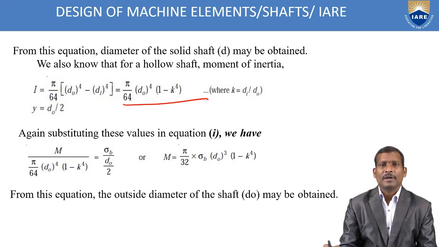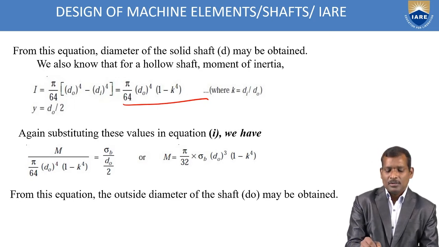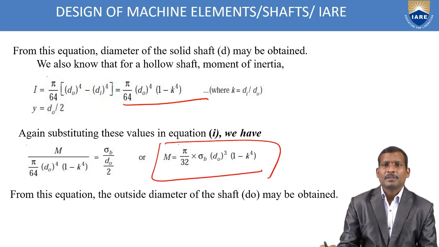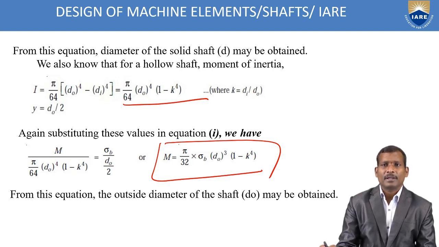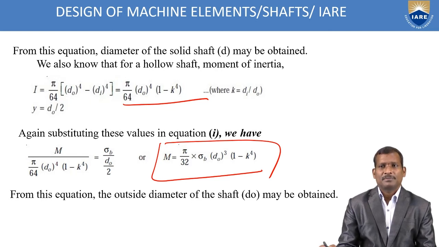Y is d_0 by 2. Again substituting these values in the bending equation, you will get finally M is equal to pi by 32 into sigma_B into d_0 cube into (1 minus k to the power of 4). By using this equation, you may calculate the outer diameter of the shaft, d_0.